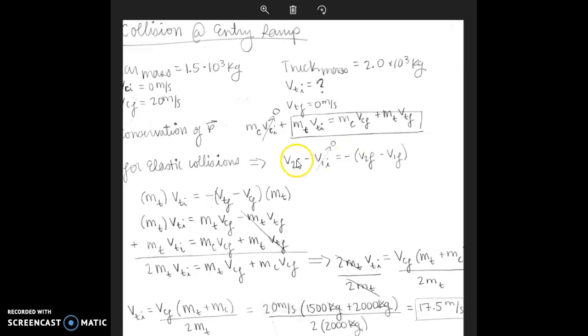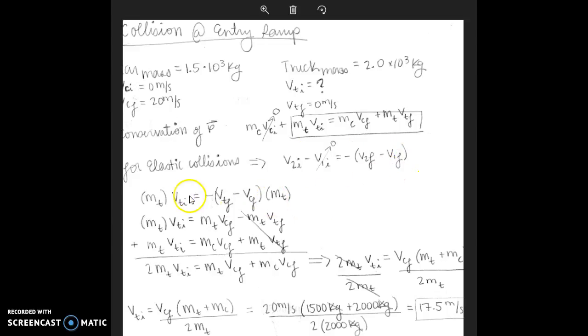After removing all the variables that become 0, we combine the conservation of momentum formula with this equation, and we want to solve this net equation. We're looking for the initial velocity of the truck. In order to do that, we have to multiply both sides of this equation by the mass of the truck.